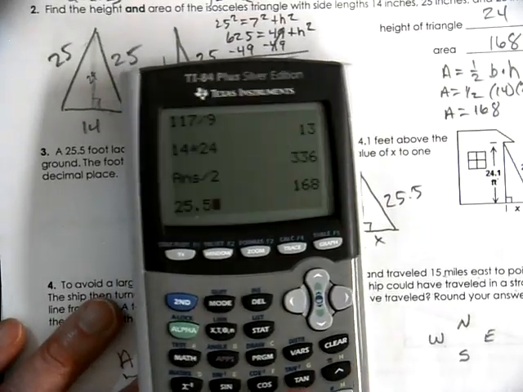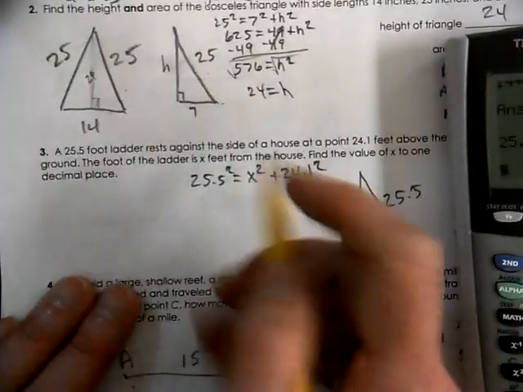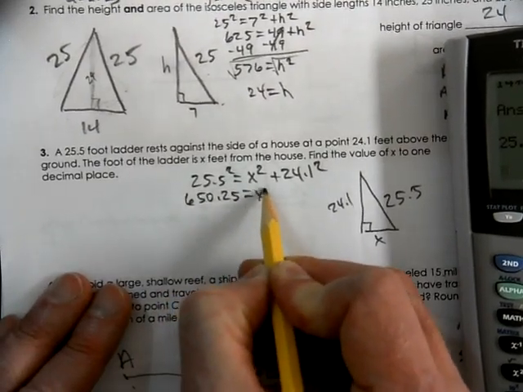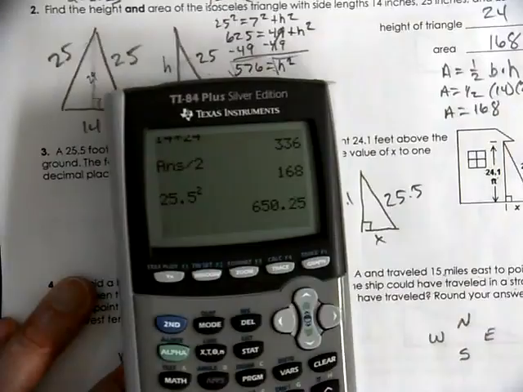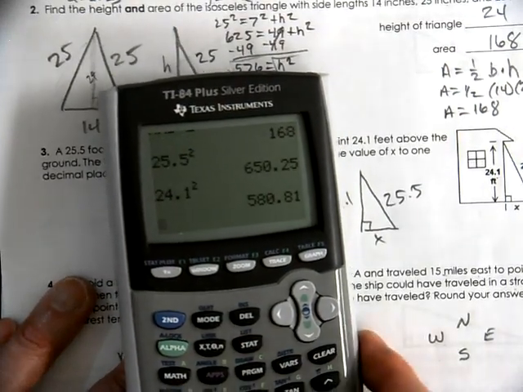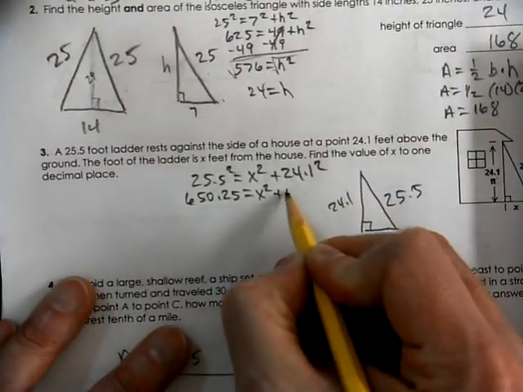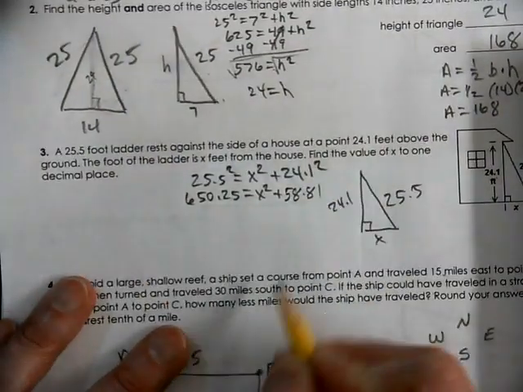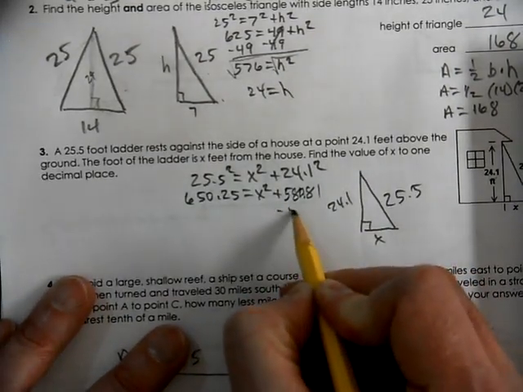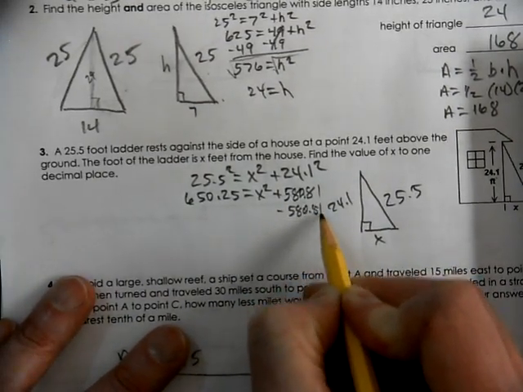And using a calculator, it's not that big of a deal. 25.5 squared is 650.25. 24.1 times itself is going to be 580.81. So we subtract this 580.81.